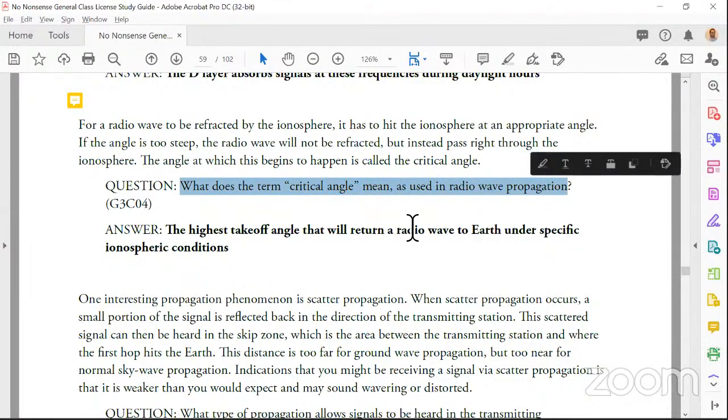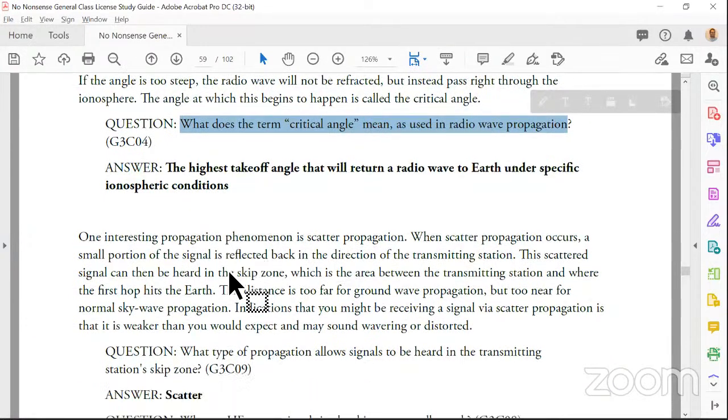Let's go. First question. What does the term critical angle mean as used in radio wave propagation? So we said that that was the angle that the radio wave leaves the antenna and goes off towards the ionosphere, right?